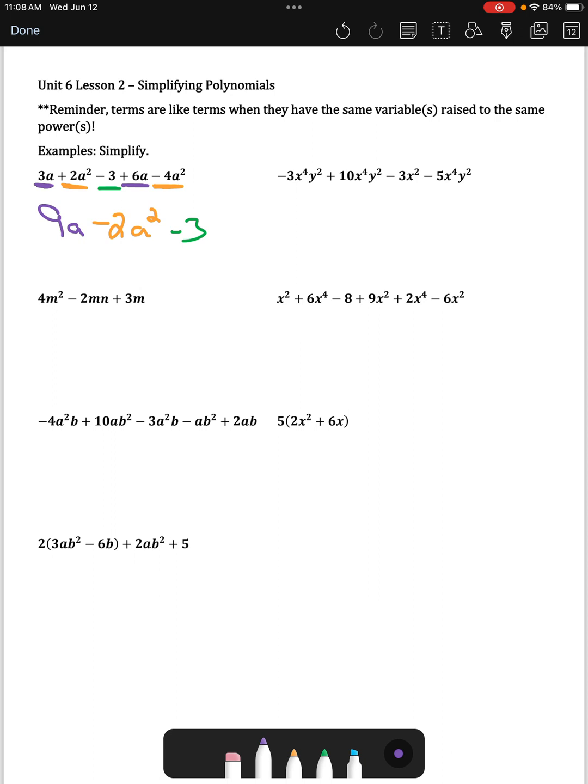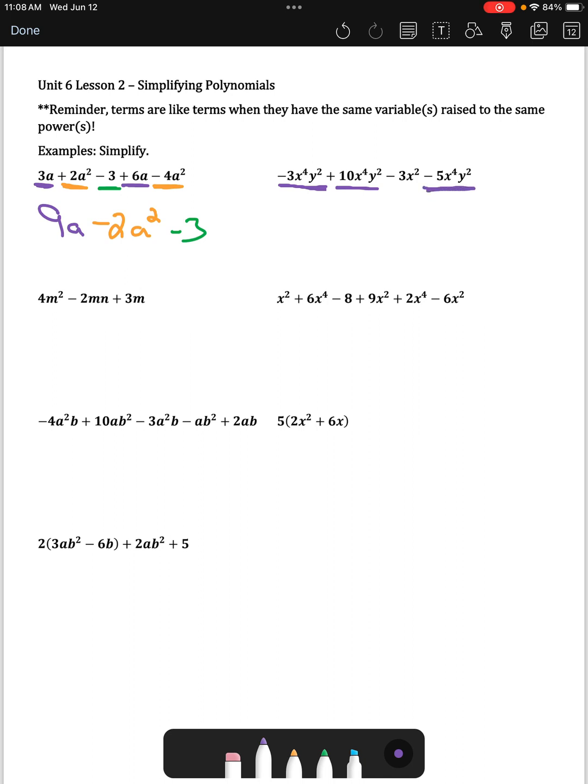In the second example, our first term is negative 3x to the fourth y to the second. So it has multiple variables. So in order for anything to agree with this, it must also have x to the fourth y to the second. And we see that on the next term and on the final term.